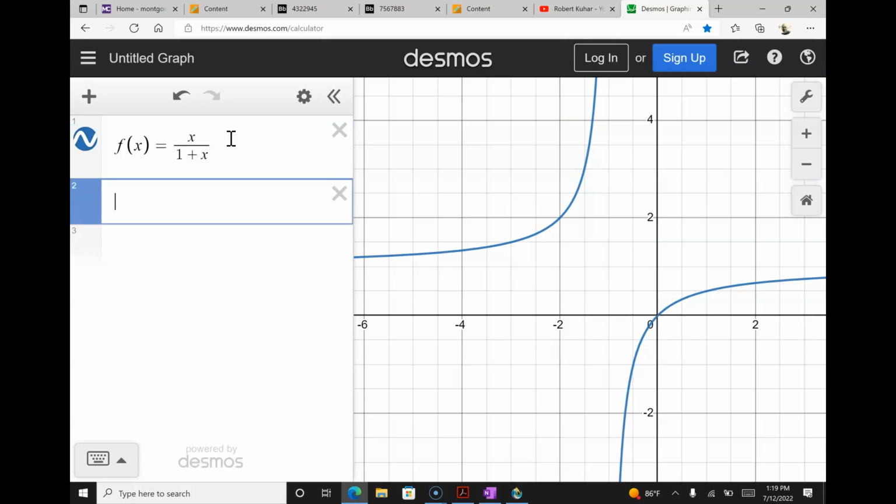And I want the point 1, 1/2. There it is. I want that tangent line, the slope of that tangent line at that particular point.